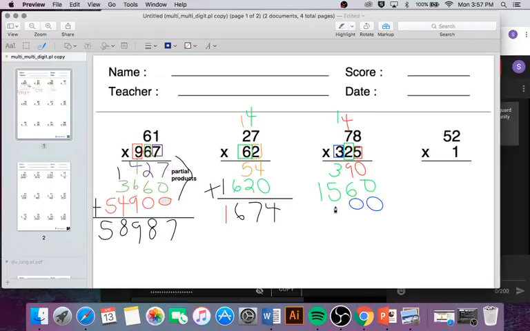We're going to put our 4 down, and we're going to carry the 2. Now we have 3 times 7, which is 21, plus 2 is 23.